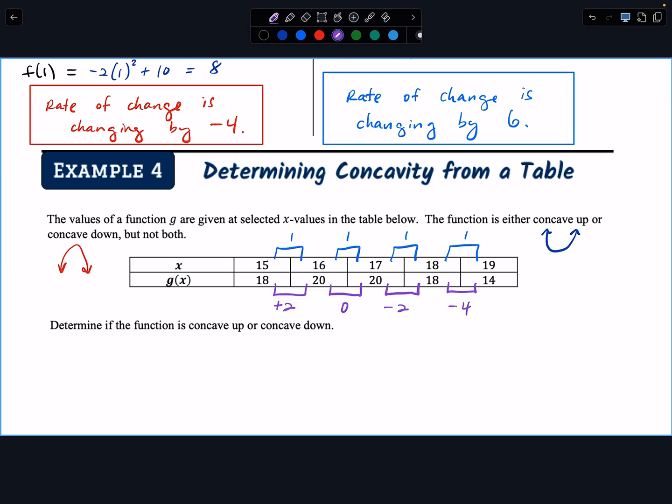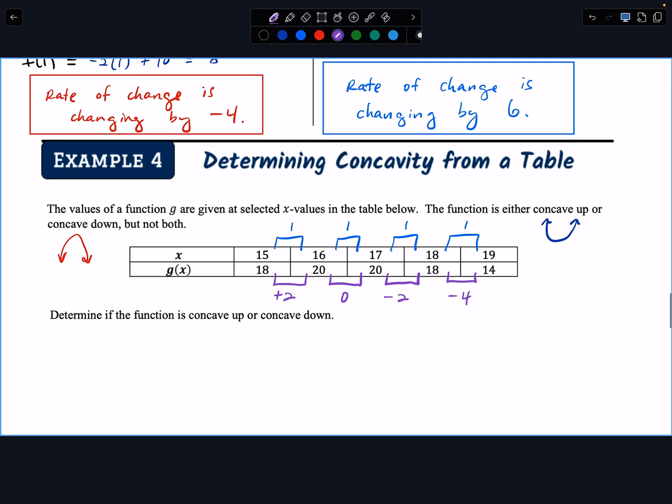So what I want you guys to understand is this is a rate of change. 2 divided by 1, do you guys agree that's 2? 0 divided by 1, that's 0. Negative 2 divided by 1 is negative 2. Negative 4 divided by 1 is negative 4. So imagine this is a function. If the slope is 2, does this make sense that this could be like a line that has a slope of 2?